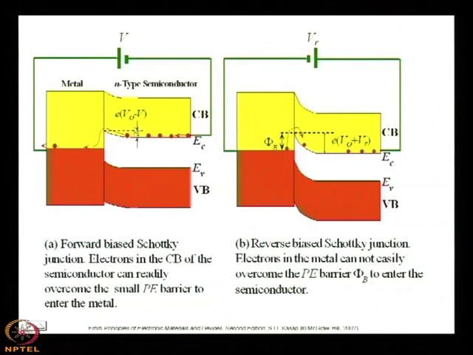So, earlier it was VB0 or VBI, now it is EV0 minus V, because we discussed earlier that the voltage will be dropped in the depletion region only, because the resistance is high there. So, the depletion region will be narrowed down, or VB0 will be less, and the electrons will move from semiconductor to the metal side and you will get the current.